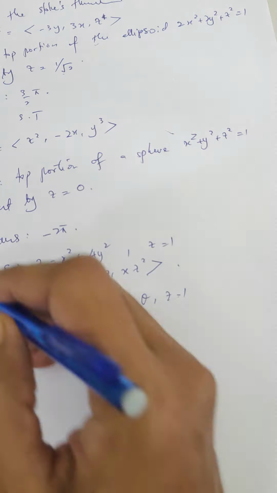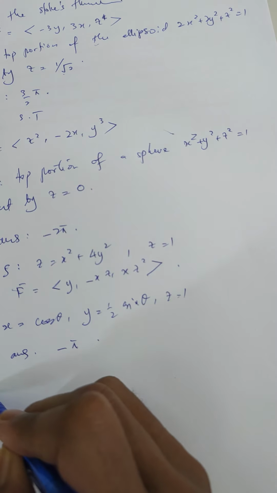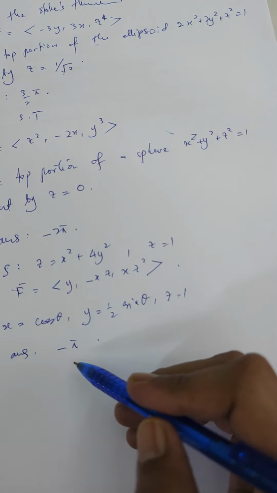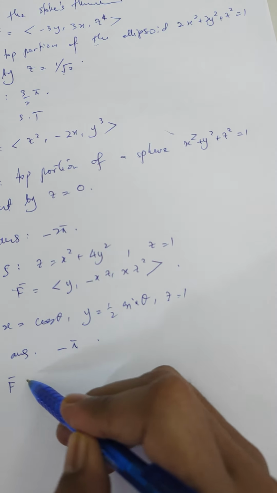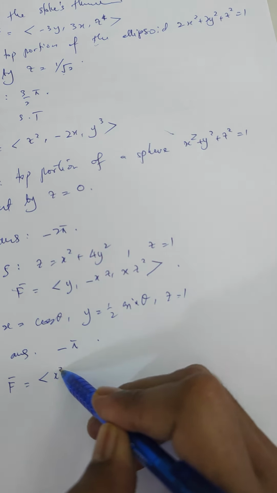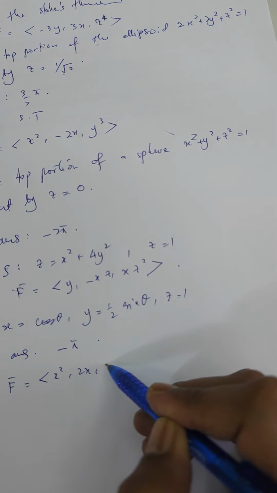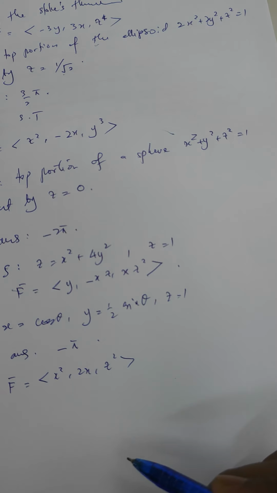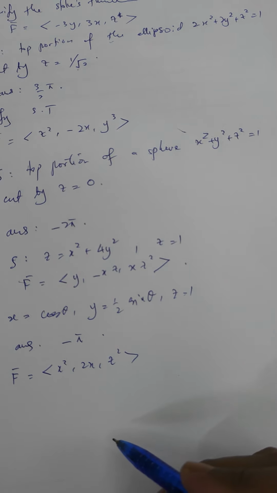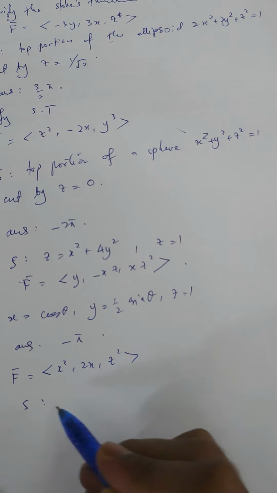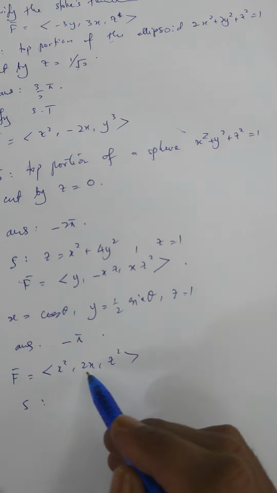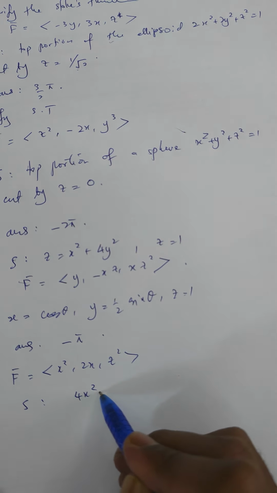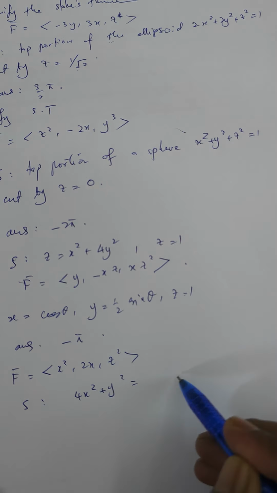Let's try some more exercises for you. Number 3, number 4. Let's say we have F equal to x squared, 2x, z squared, bounded by S given by 4x squared plus y squared equal to 4.